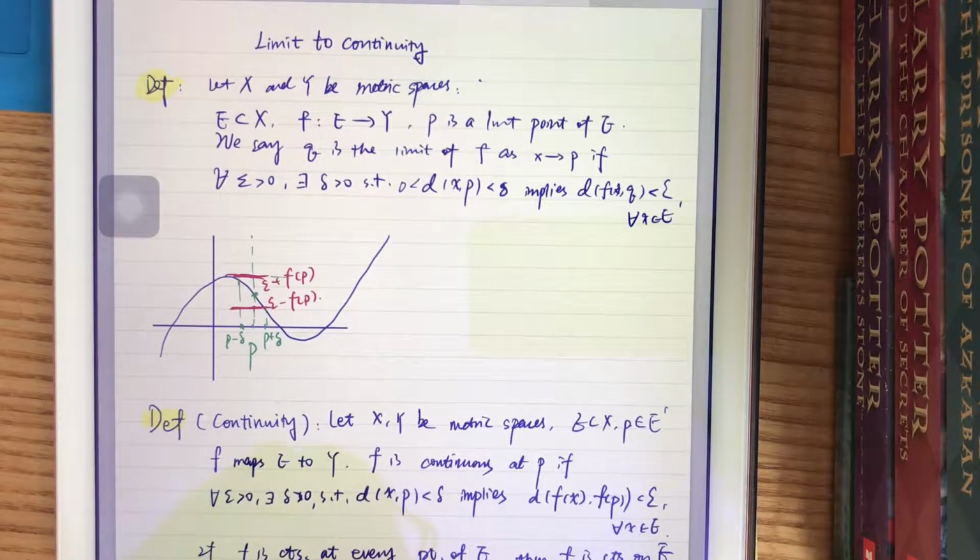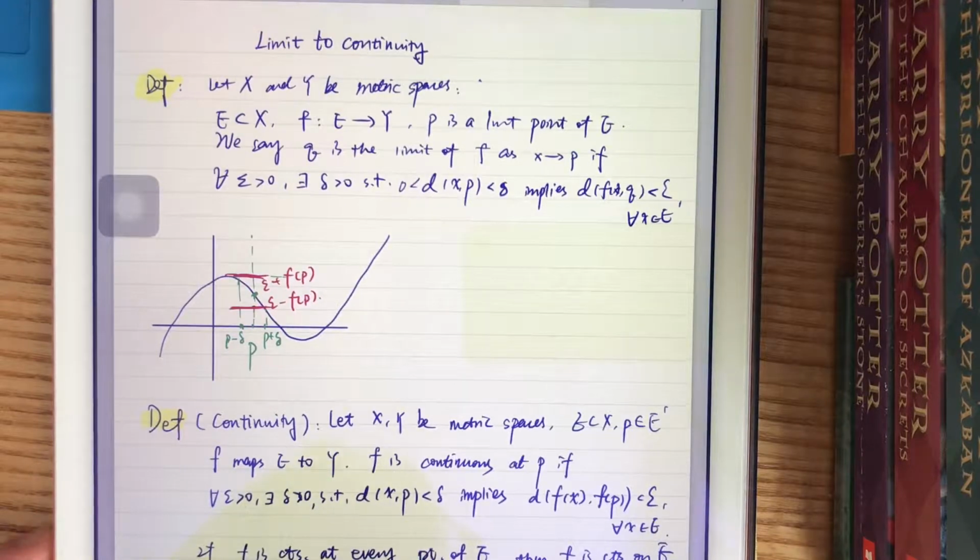And on such condition, when the distance between X and P is smaller than delta, we have the distance between F(x) and Q is smaller than epsilon. Then we say Q is the limit of the function.